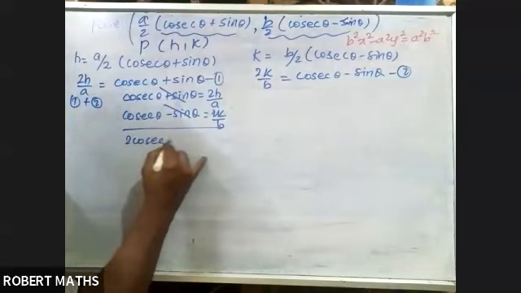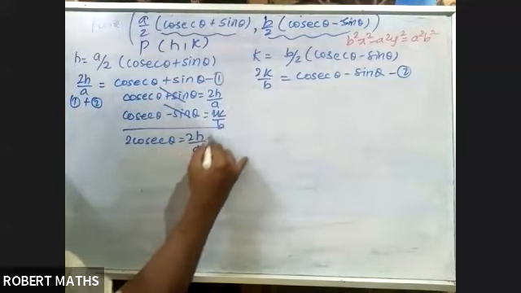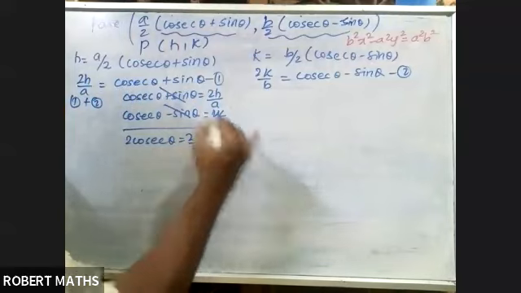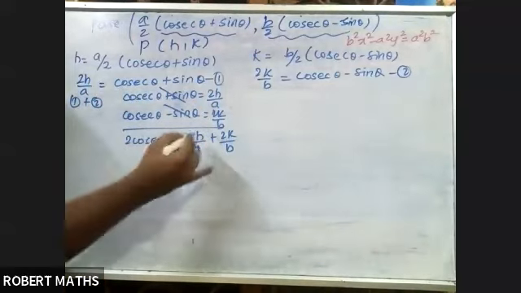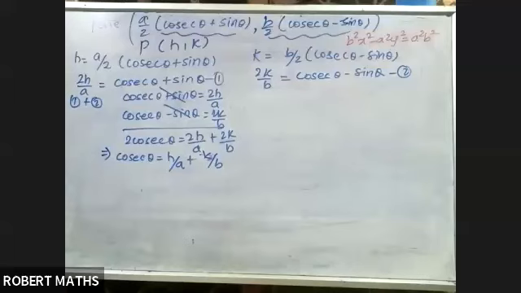We'll get 2 cosecant theta, which is equal to 2h divided by a plus 2k divided by b. Everywhere we have 2 in this equation. Therefore, dividing by 2, cosecant theta is h by a plus k by b.